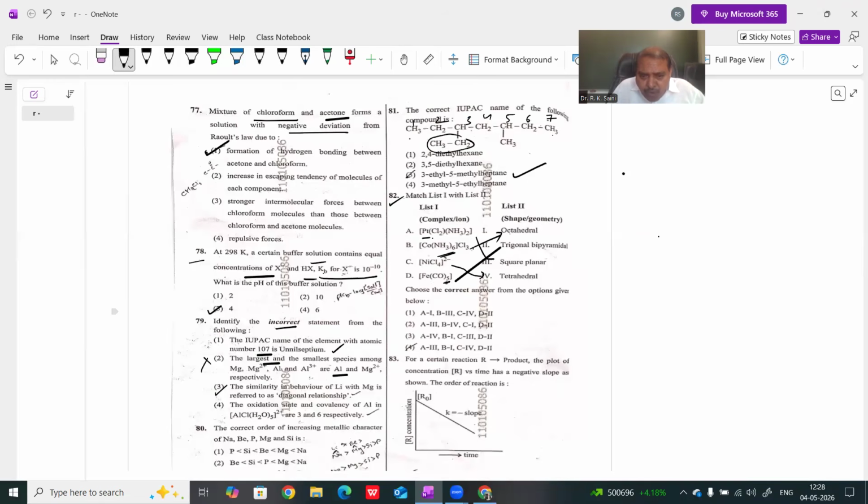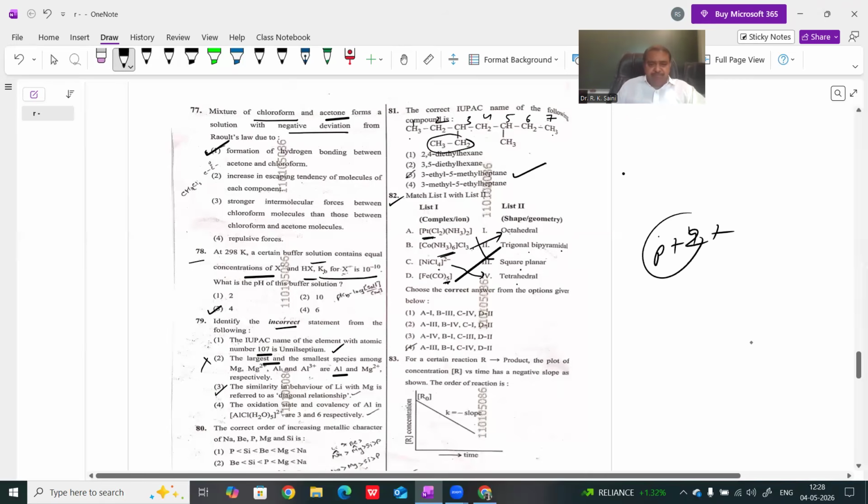In Fe(CO)5, the coordination number of iron is 5, meaning trigonal bipyramidal. Coordination number 4 nickel is tetrahedral, but platinum makes a square planar complex in plus 2 oxidation state with any kind of ligand.